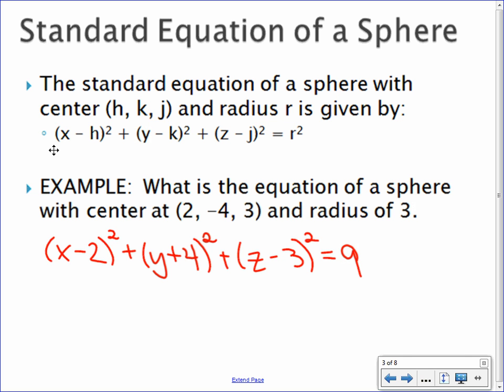Now, that was a very simple problem. Let's talk about other problems you could encounter in your homework. Okay? If they gave you the endpoints of the diameter, you could take the midpoint from it. First of all, we can find the midpoint, and that would be the center. How would you find the radius?